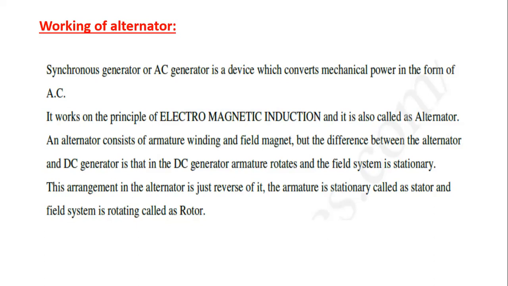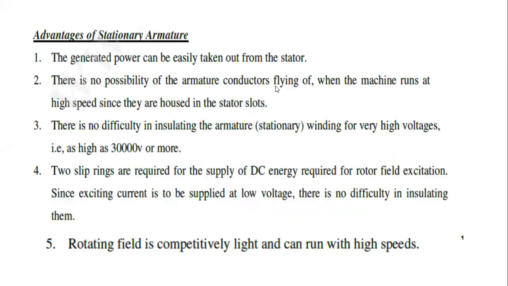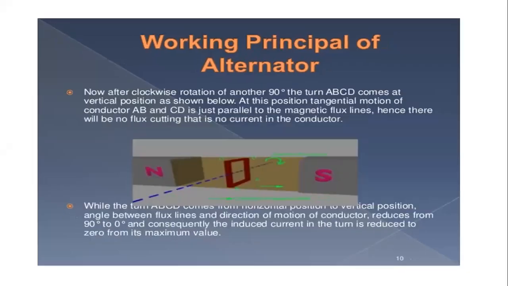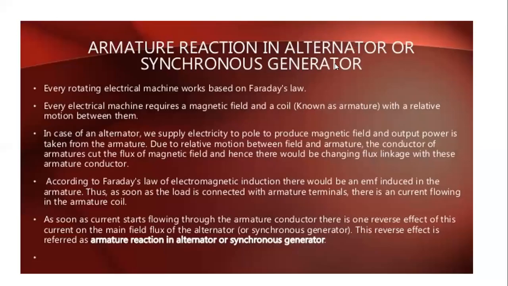According to Faraday's law, that magnetic field is cut by the armature conductors. Therefore, an EMF is induced. That is the working principle and the armature reaction in the case of alternators. Is it clear?